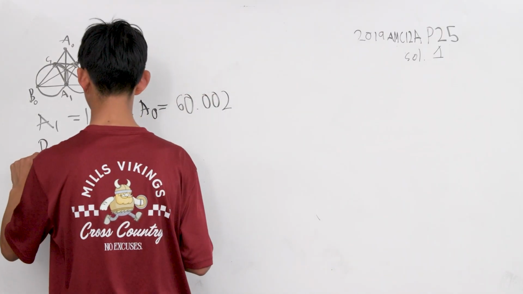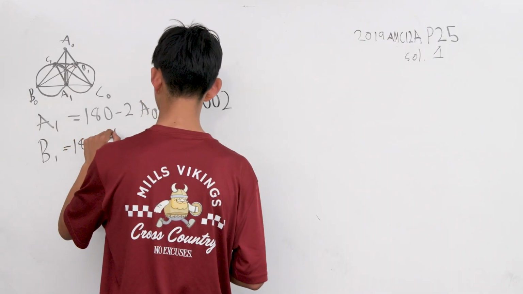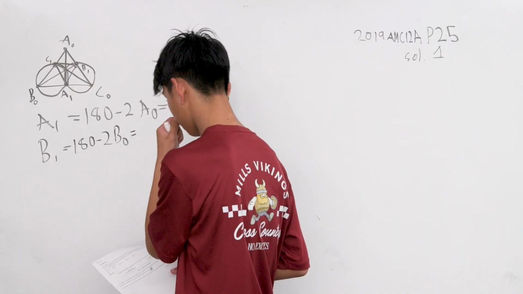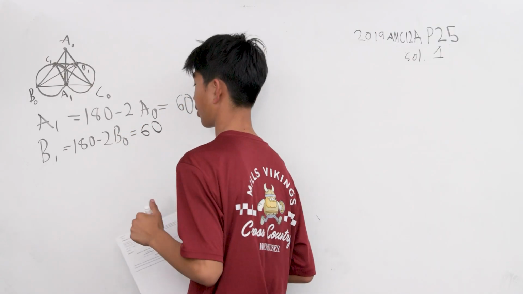Then we set B1 is 180 minus 2 B0. B0 was 60, so B sub 1 is 60.